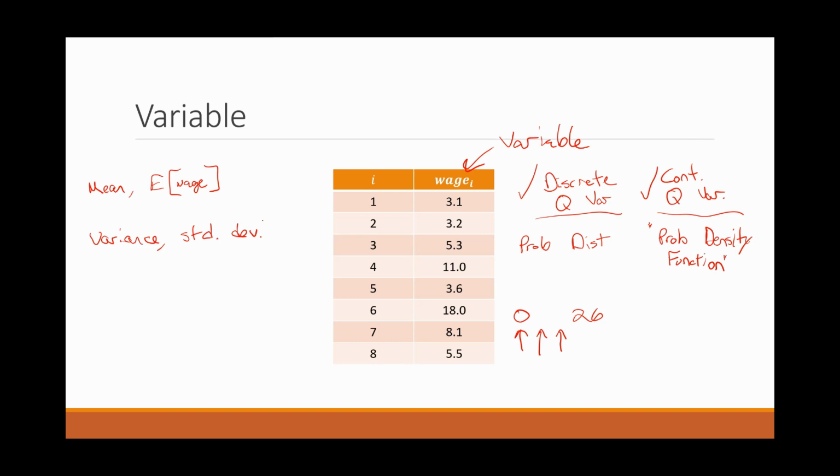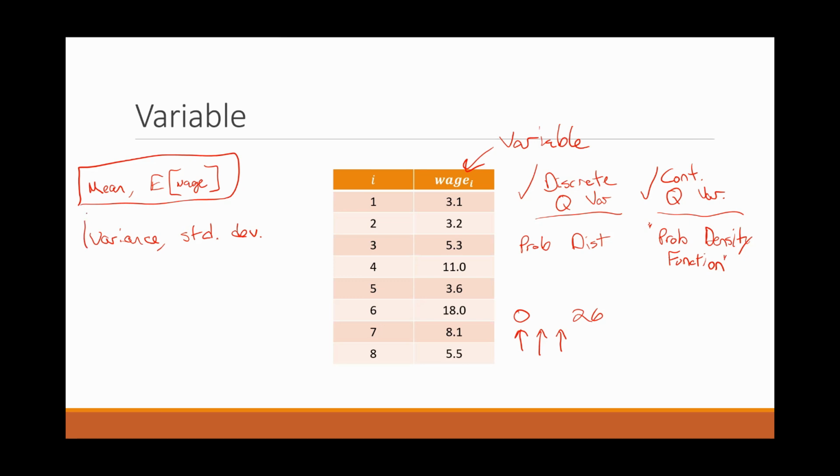And so we can calculate these basic descriptive statistics about a variable, and those statistics tell us something about the variable. The mean or the expected value, that's the same thing. It tells us a little bit about what we would expect to find from that variable.